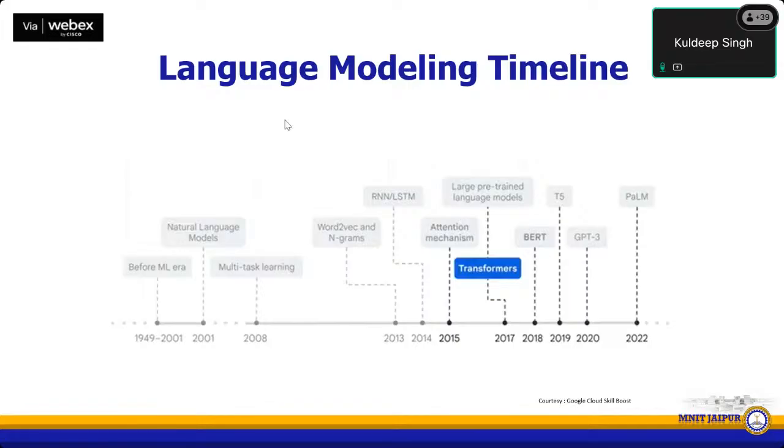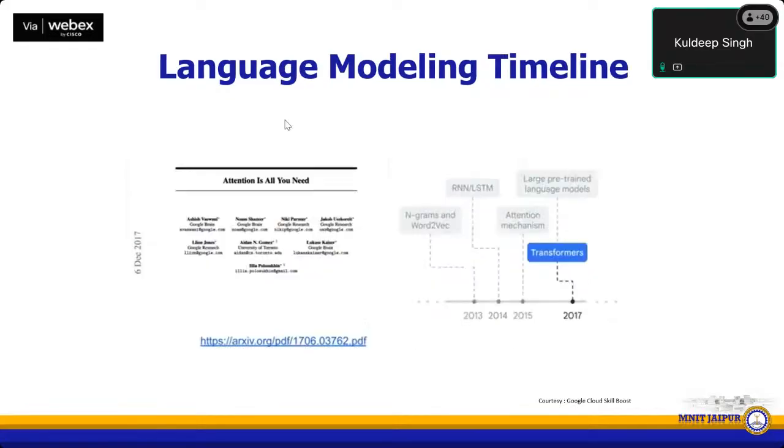For example, suppose the word bank in river bank versus bank in a bank might have the same vector representation before the attention mechanism came about. So that's the basic difference between the models prior to the transformer and the transformer based models. So coming to the transformer, what exactly is a transformer?